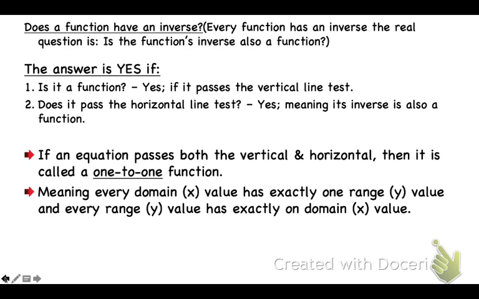Vertical and horizontal. If you graphed it and it wouldn't pass those two things, did you do something wrong? Yes. From here on out, if somebody says it's a 1-to-1 function, in your brain, you should know it passes the vertical and horizontal line tests, meaning its inverse is also a function.